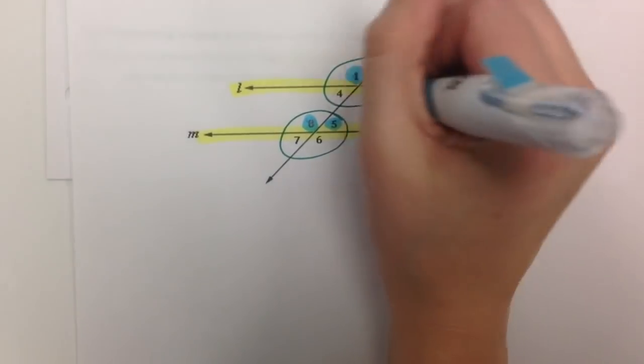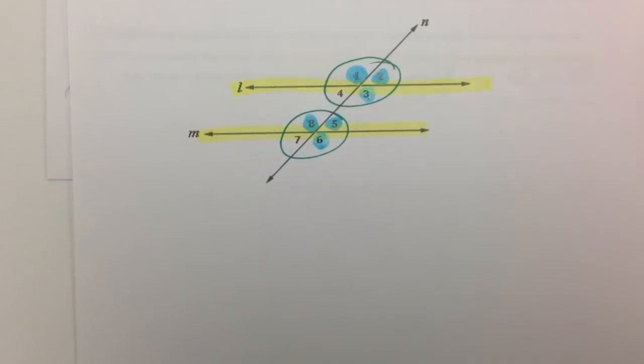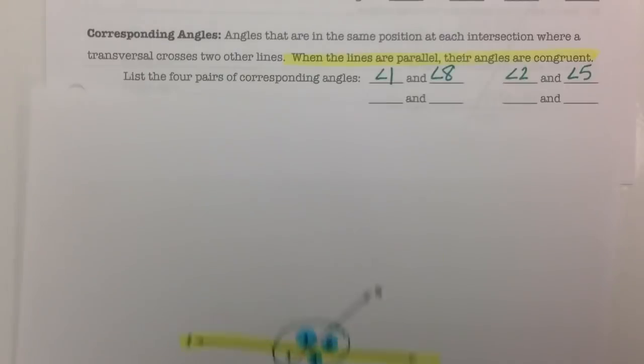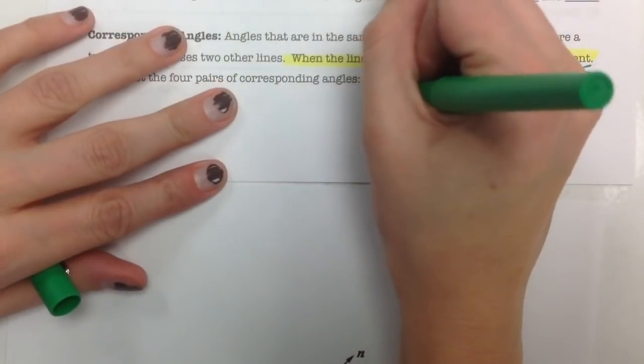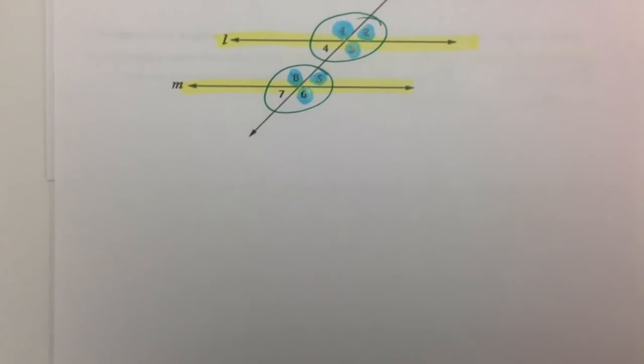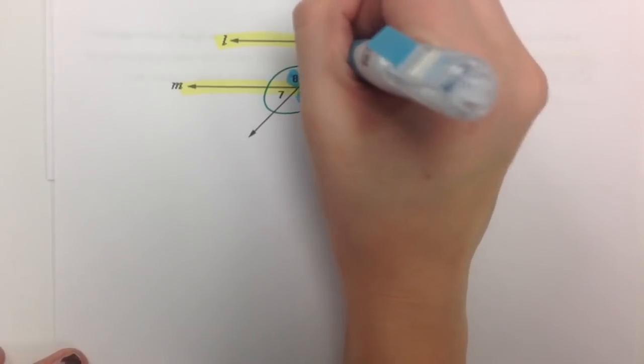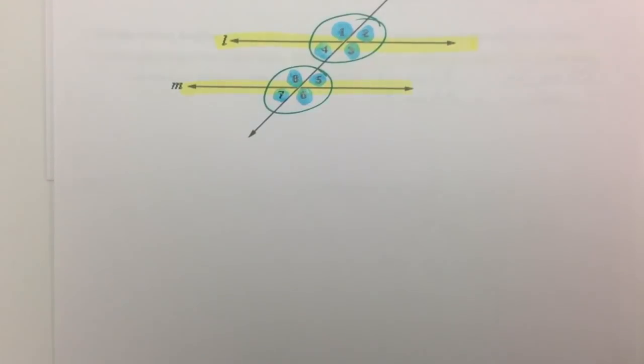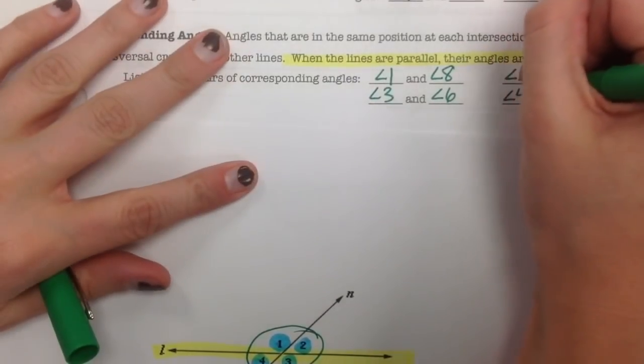Then we've got 3 is on the bottom right, 6 is on the bottom right, so angle 3 and angle 6 are corresponding angles. And then we've got angle 4 is bottom left, angle 7 is bottom left, so 4 and 7 are corresponding angles.